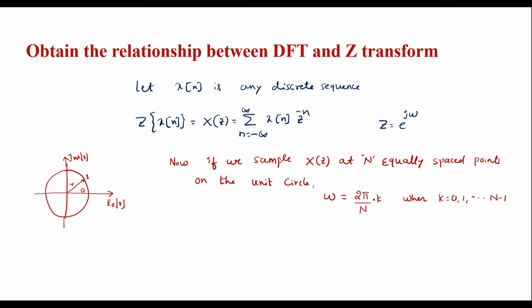So at each point, that is k equal to 0, k equal to 1, k equal to 2, likewise it is divided, k varies from 0 to n minus 1.